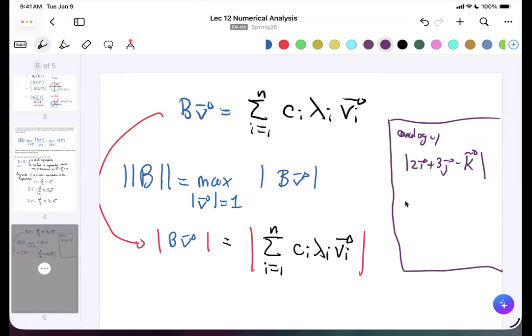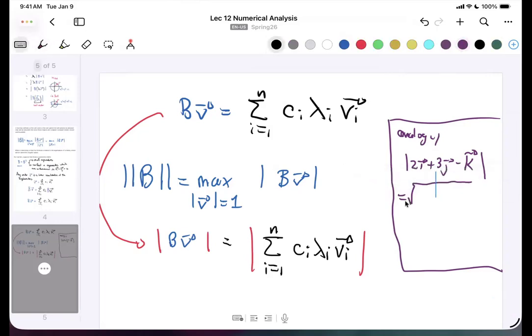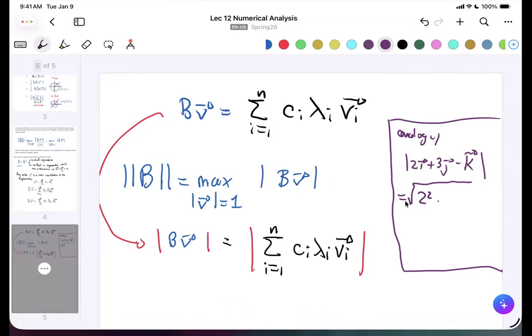You would say the square root of 2 squared plus 3 squared plus minus 1 squared. The reason you can do that is because i, j and k are mutually perpendicular. That fact is what allows you to square each entry individually. Essentially, because the vectors vi are mutually perpendicular and each has length 1, they are like a version of i, j and k. So you can basically apply Pythagoras theorem.